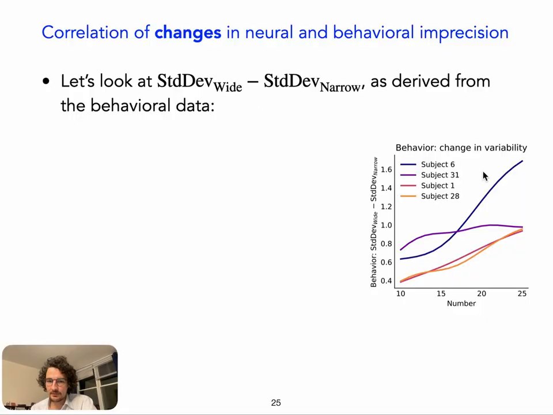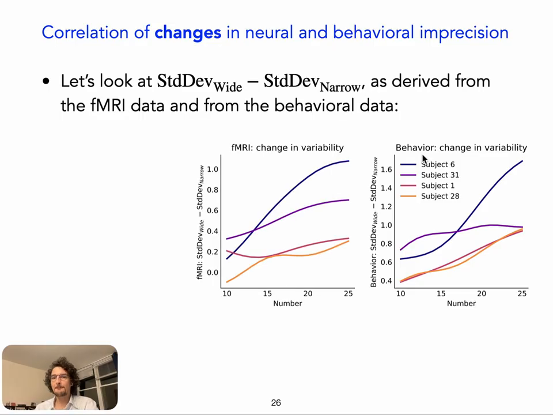So this is as derived from the behavioral data for 4 subjects, and you see that there is some inter-subject variability. And so, for instance, subject 6 here has a larger change in behavioral imprecision across the priors than subject 28. And this is just looking at behavior, so just looking at the responses.